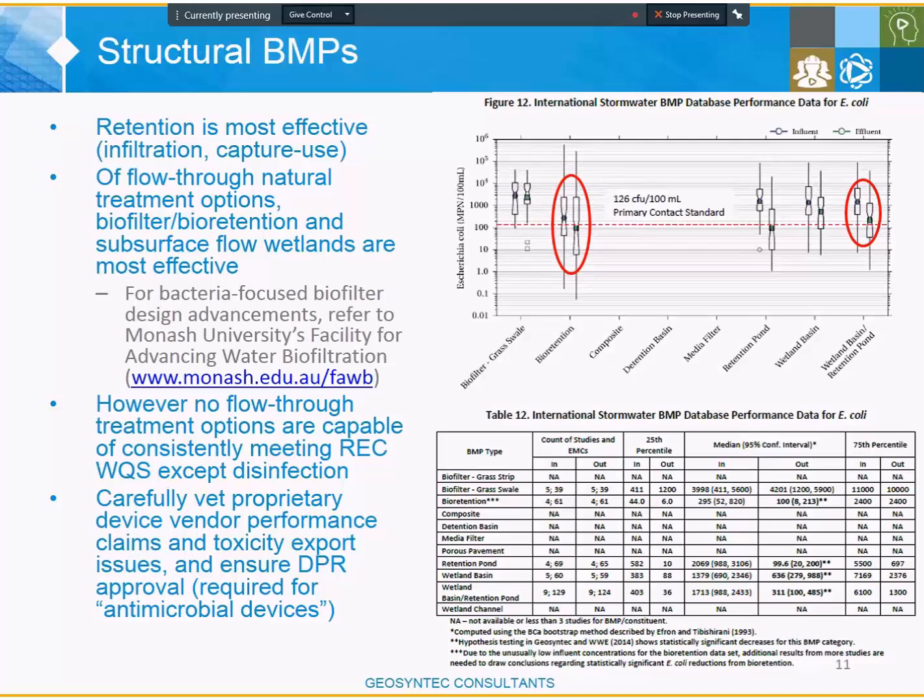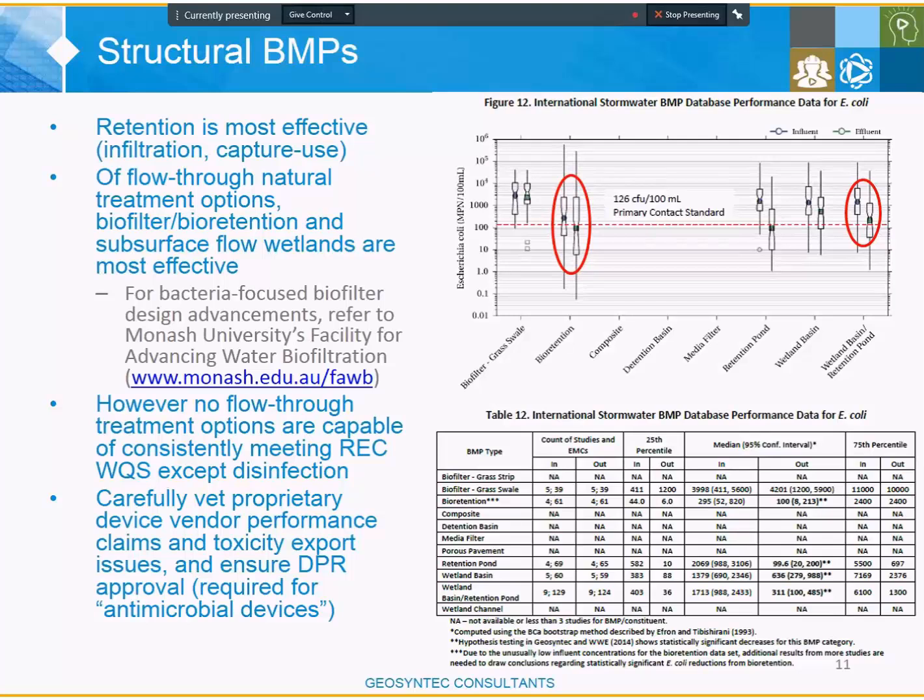So you really have to look for independent field studies to vet those two issues. And technically, it's illegal to install a proprietary device in California without Department of Pesticide Regulation approval. That's required for antimicrobial devices, so make sure any technology you purchase and install is approved in the state of California.